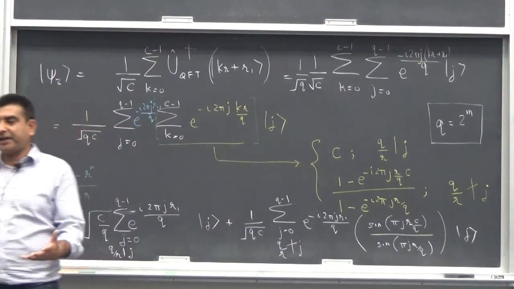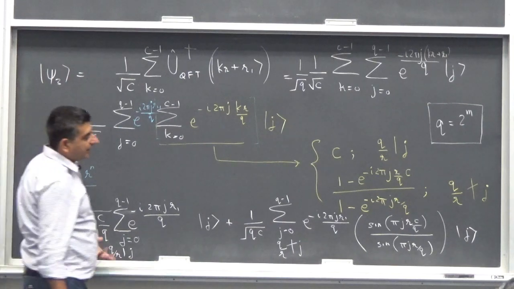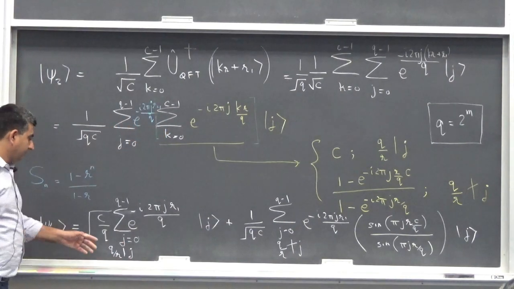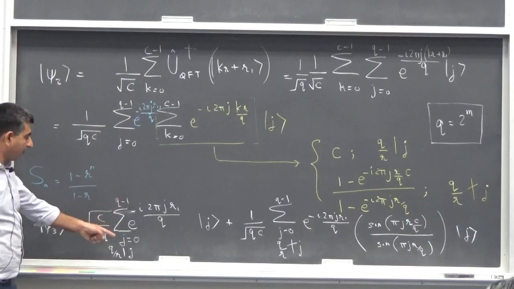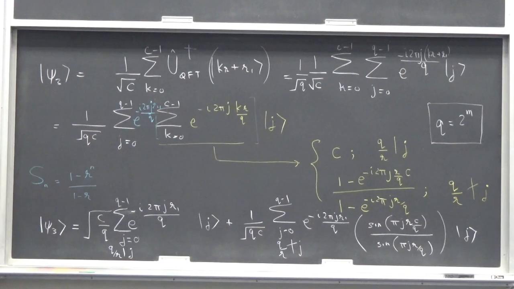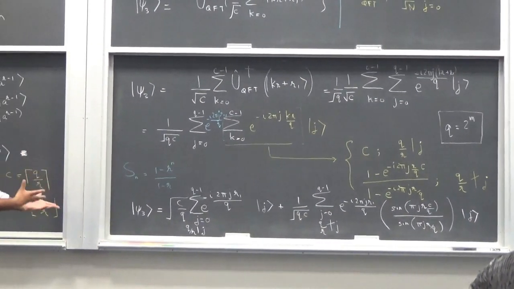So I'm getting some j as my output. And that j could be anything. There's a superposition of all j's from 0 to q minus 1. So I'm getting a superposition as an output. I'm not getting a single j. Alright? So now what I would like to do, how do I make sense of this?